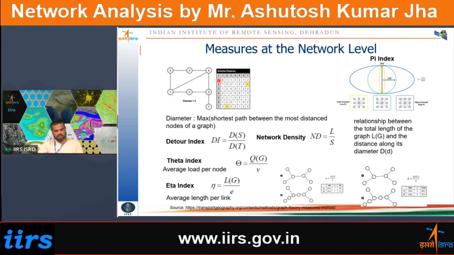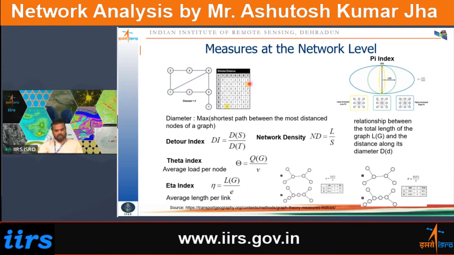So the shortest distance between 1 and 3 is 1, and to 7 it is 3. In the case of diameter, whenever we want to find it, the shortest distance path between each pair of nodes has to be computed. And then we look for the maximum of those shortest lengths. In this case it is 4.